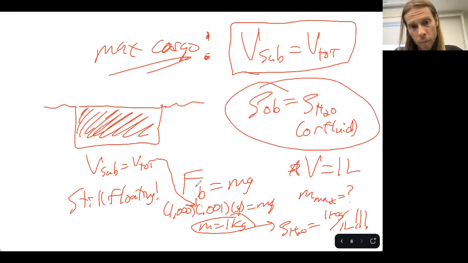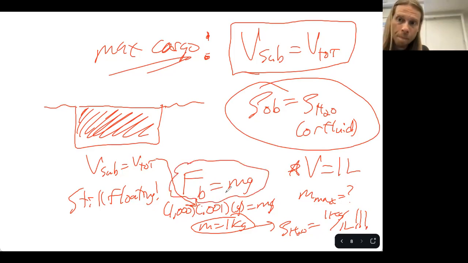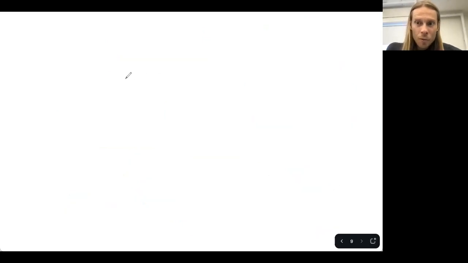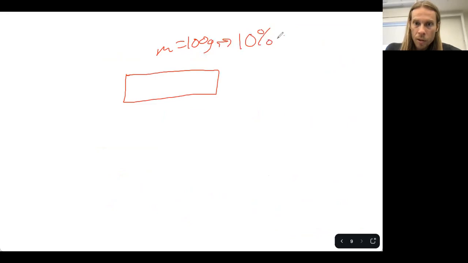It could be a way you solve it, but I really want to emphasize solving it via forces, because that's what's really happening. Where if I get a V submerged of 1 volume, I'm going to be able to hold up to 1 kilogram. Now let's look at this from one other angle. Back to when the mass was 100 grams and we had 10% submerged. Right?